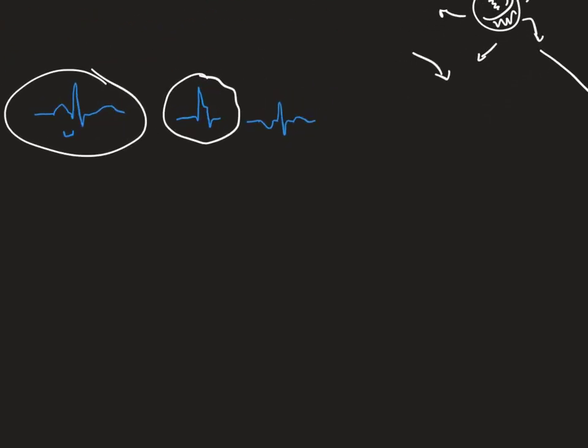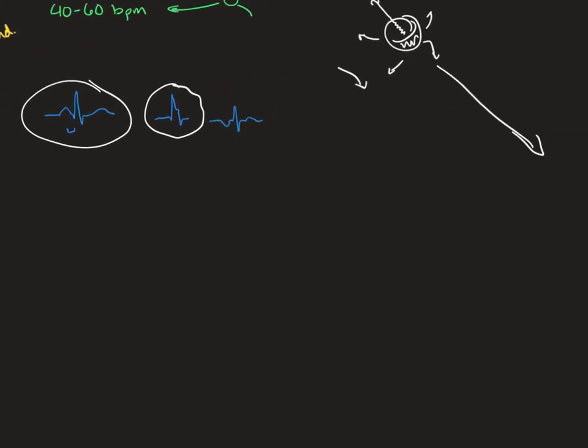And then you could have, obviously, your retrograde P wave, which is showing that the depolarization is starting in the AV node and it's actually depolarizing this way as well, so it's depolarizing from up here, and then this is still going to depolarize the normal way.